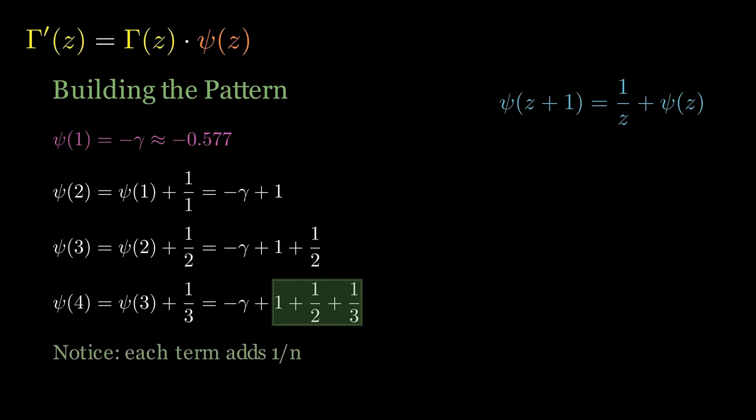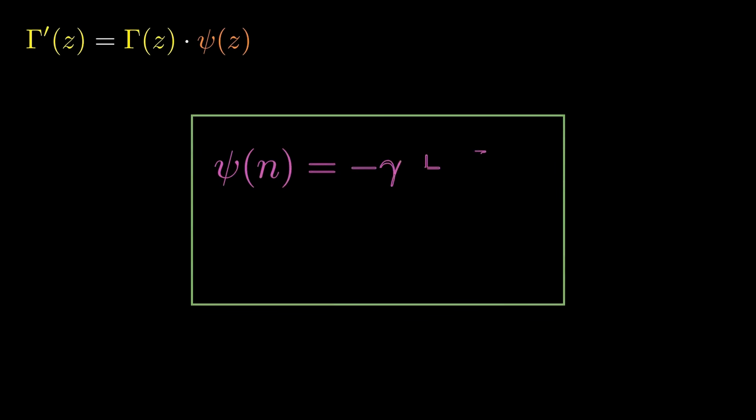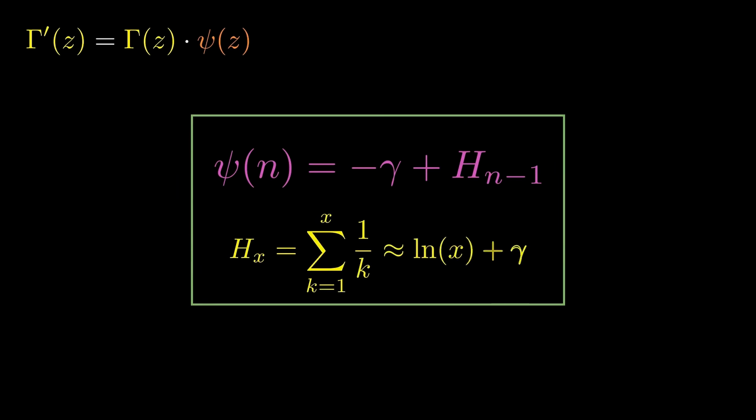See what's happening? Each step adds 1 over n. That growing sum has a name, the harmonic number. So psi of n equals minus gamma plus H sub n minus 1. And that's the payoff. The derivative of x factorial equals x factorial times H sub x minus gamma.